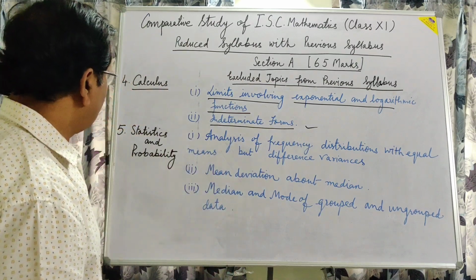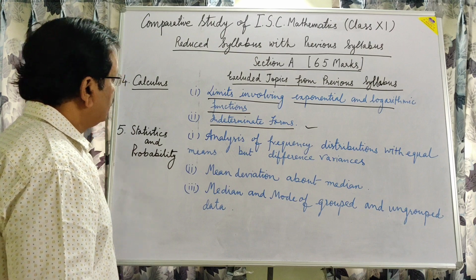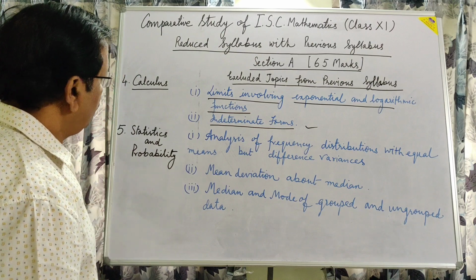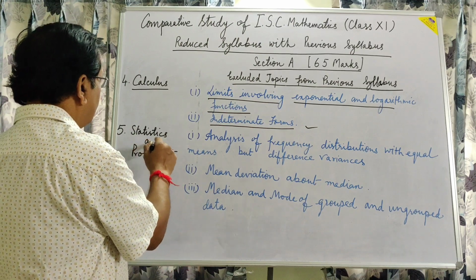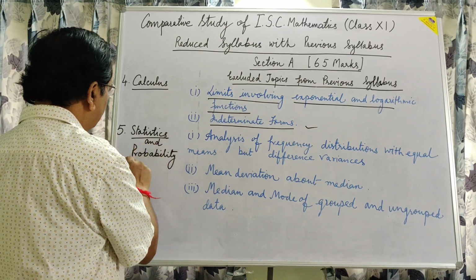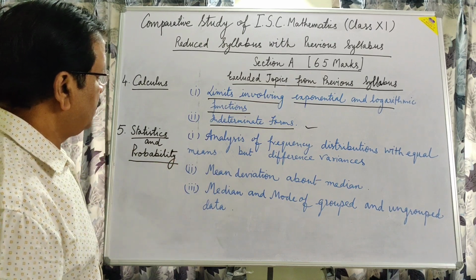As far as the 5th unit is concerned, actually in section A we are studying as a whole 5 units, and the last one, that is the 5th unit, is related to statistics and probability.